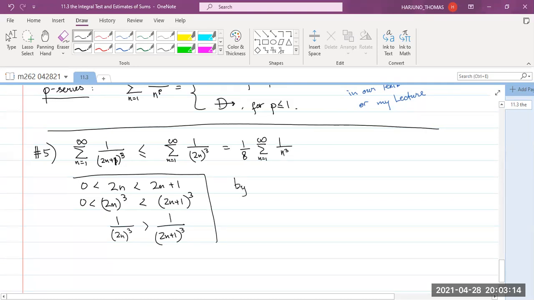But this series here is a p-series with p equals 3. So this series is convergent. Is it right? And if you have a non-negative series bounded above by something convergent, then you will see in the next section, we call that the comparison test.